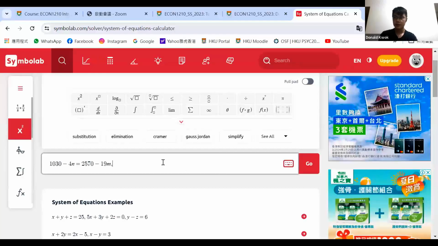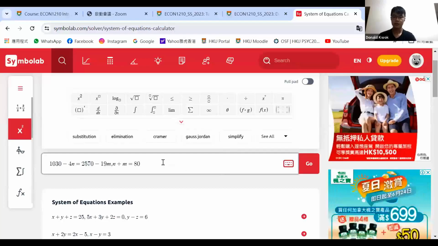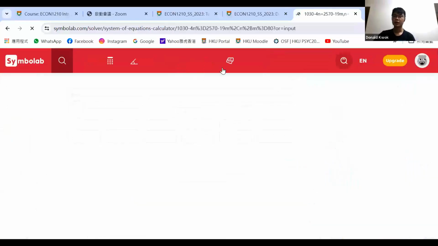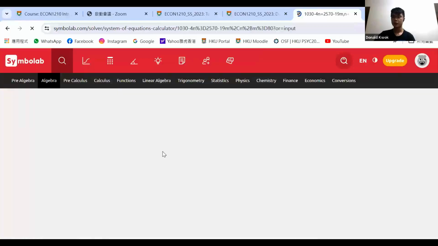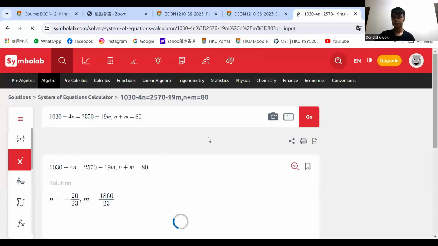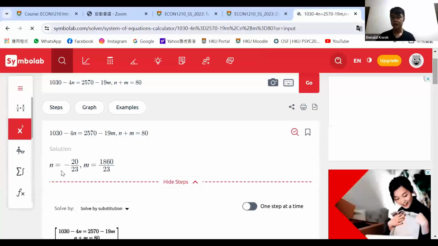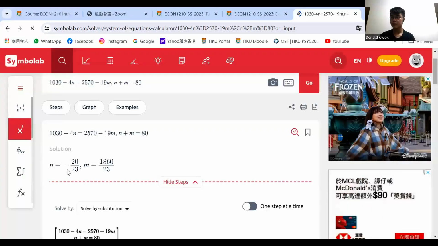And the second equation is n plus m equals 80, and then click go. Afterwards, the online calculator will give you the solution, and you should be able to find out that n is negative 0.87.